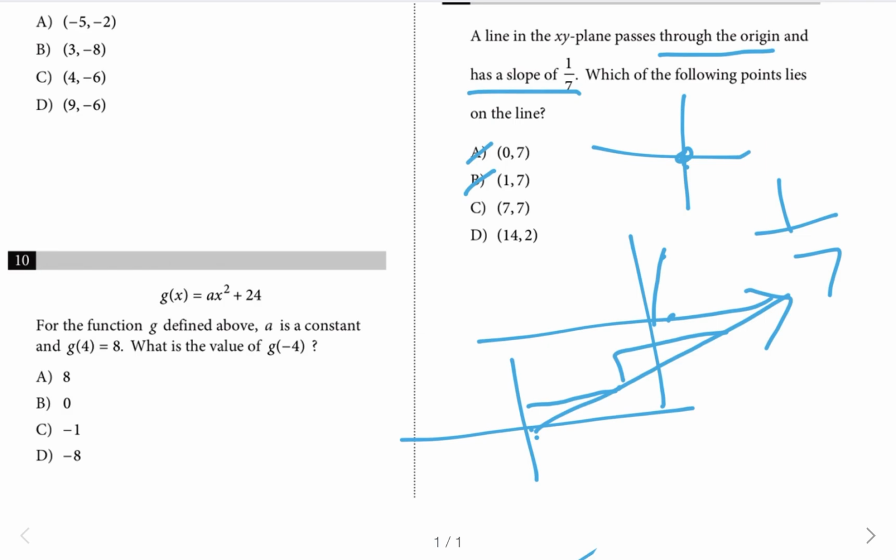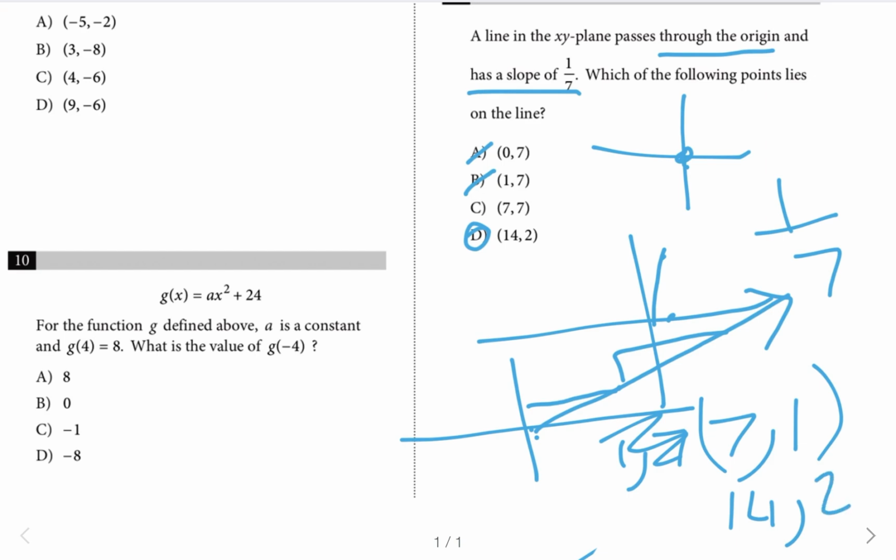And so because of that, the answer is going to be D, because as we go up 1 and right 7, it's going to be 7, 1, sorry. And as we go up again, we get 14, 2. You're adding 7 to the x value and you're adding 1 to the y value, which is why the answer is D.